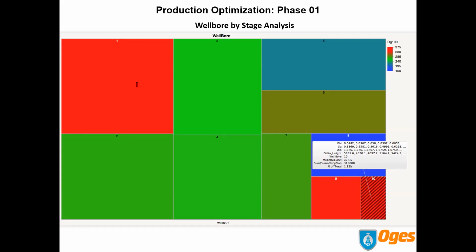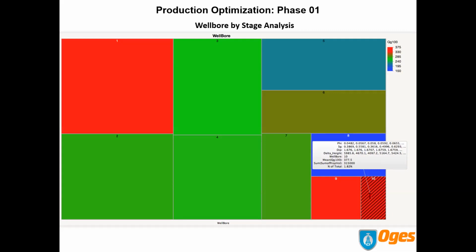So we have mapped cumulative gas production by wellbore, and you can see the different wellbores there, 1 through 10. And obviously wellbore 1, wellbore 9, and wellbore 10 are our best producers. And yet wellbore 10 has used much less proppant. This has used a lot of proppant because of the size of the square or rectangle or quadrangle. And so here we're looking at highest production, but the smallest amount of proppant.